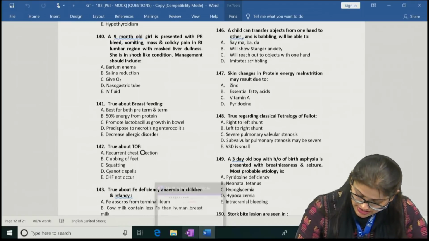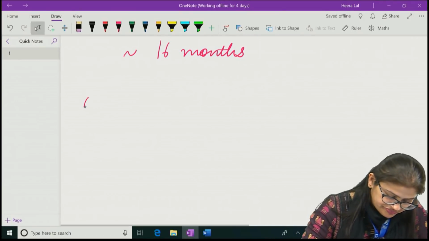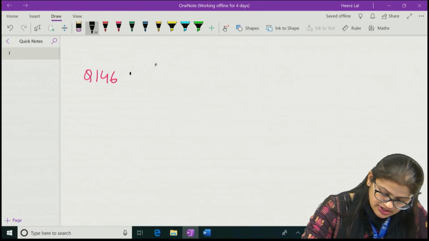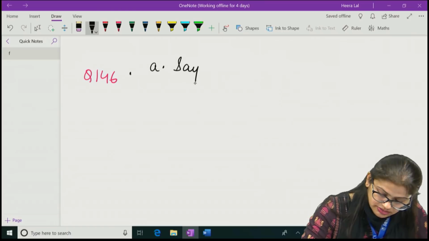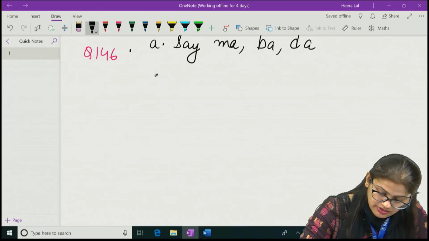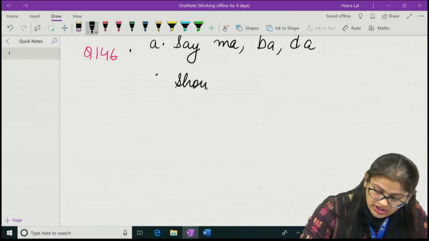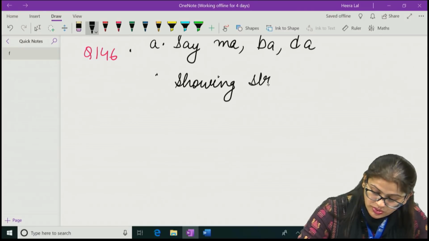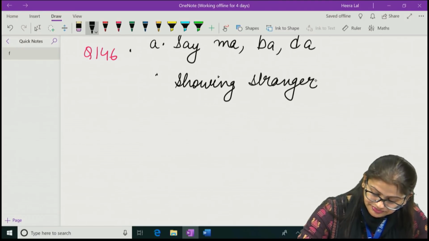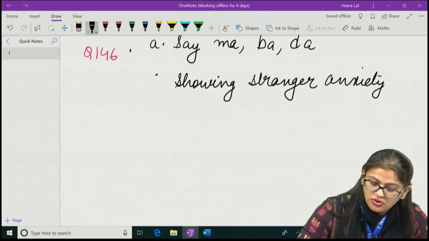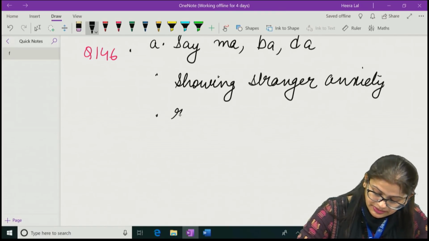So the correct answer to this question is: the correct options include saying ma, ba, da, these are monosyllables and not bisyllables. He will be showing stranger anxiety. He will refuse to go away from parents to strangers. So stranger anxiety. And he will reach out for objects with one hand.